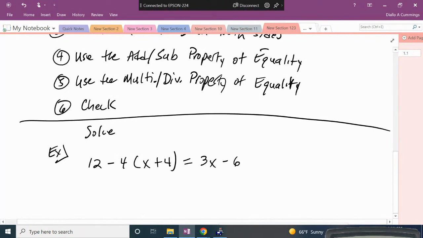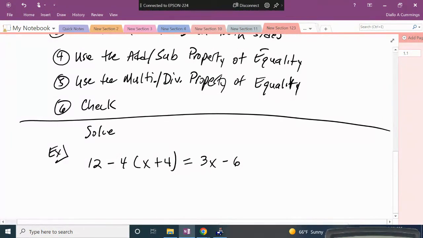Keep in mind, this is a linear equation. What makes this equation linear is that our variable, and here the only variable is x, is raised to the first power only. So that constitutes this as a linear equation.